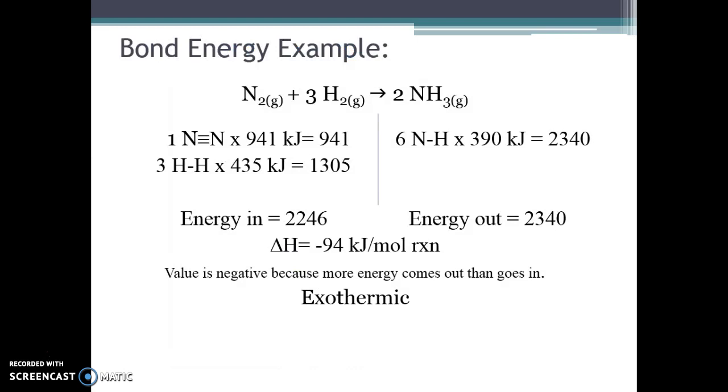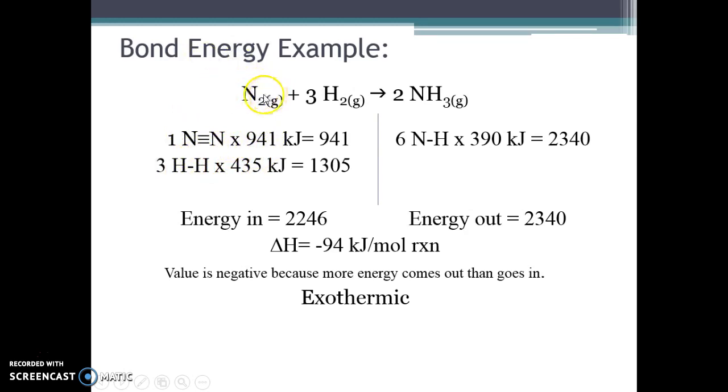All right, so here's a typical example for bond energy calculations. The hard part about this is you got to remember Lewis structure. I know we haven't even done that yet this year, so you got to rely on what you learned way back when. But the order is just the way it is. We're doing this stuff first. So with bond energies, you got to figure out what kinds of bonds you have.